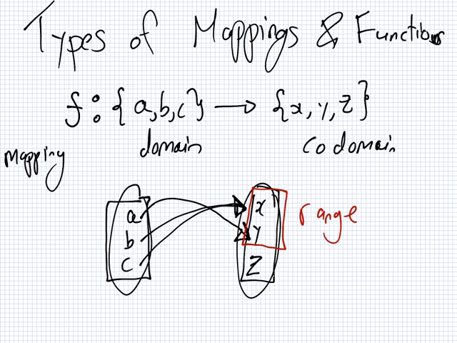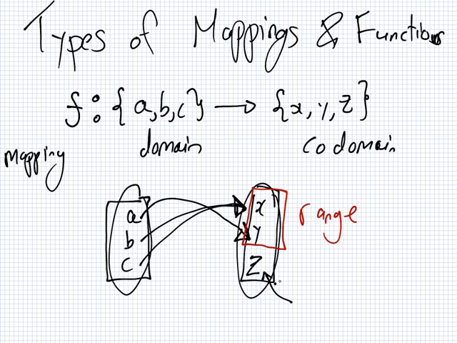In other words, the range are only the values you get returned to you. This Z, what value in the domain gives me Z? We don't know. Nothing actually. So although Z is in the codomain, it's not in the range because you can't land on a Z from the domain.